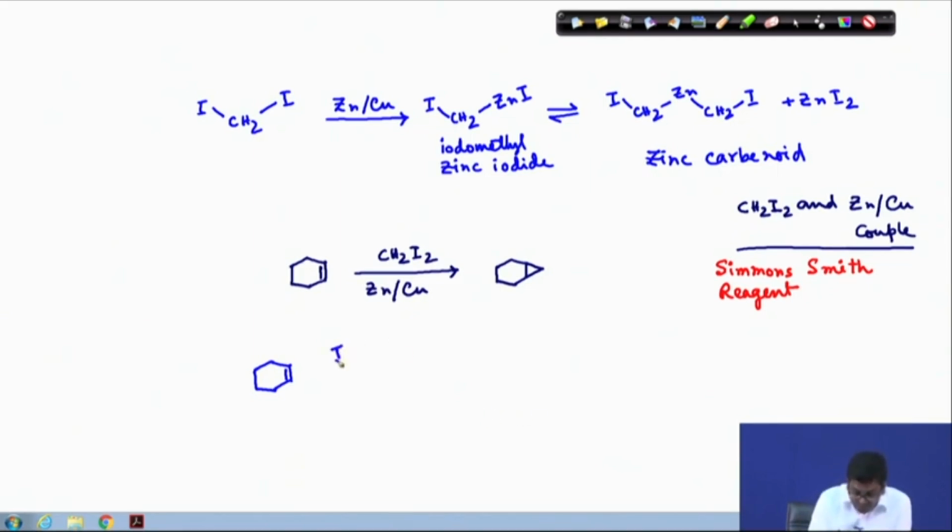So, that could be the active species for this reaction. We can write it like this. Now, this reaction can happen in a concerted manner to give the desired cyclopropane ring. So, the transition state could be like this.